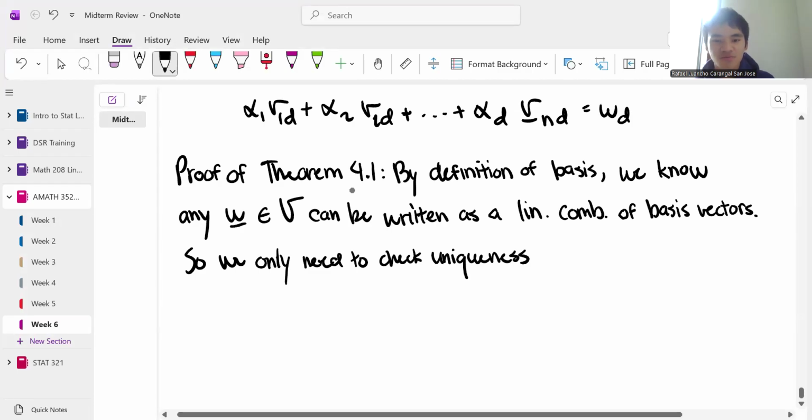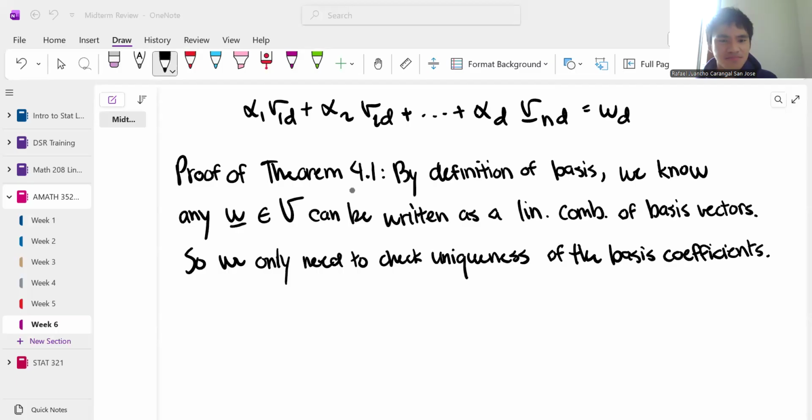Anyway, going back, we only actually need to check the uniqueness of the basis coefficients. Are they the same? Are they different? We actually want them to be different. So we're actually going to do a proof by contradiction.